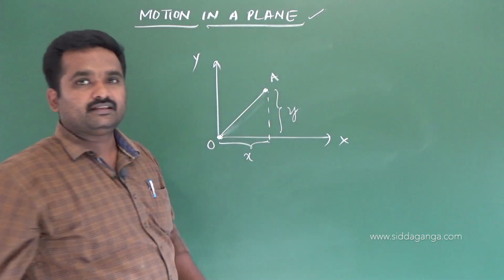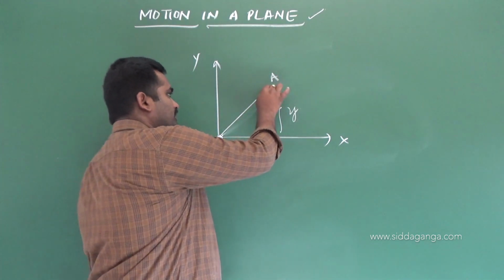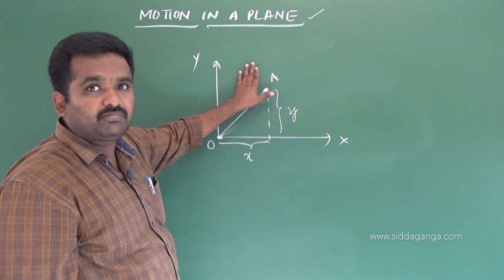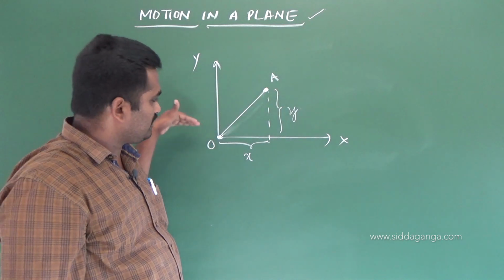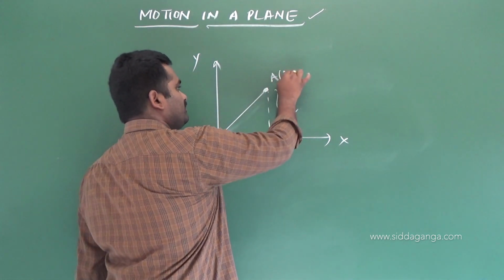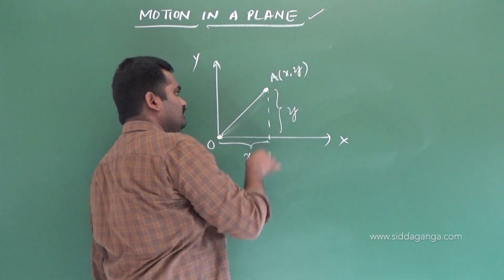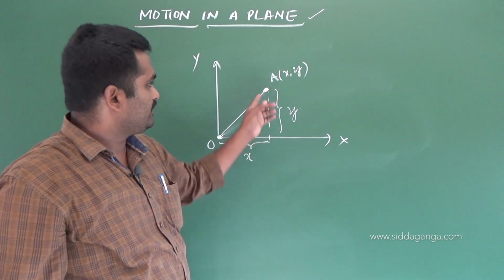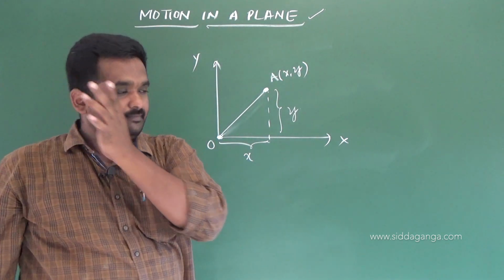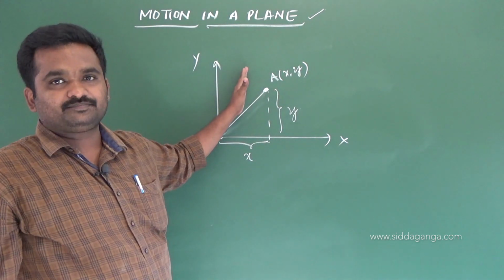Y. So now, if I want to study the motion of this particular ant in the XY plane, it is not moving in a straight line, it is moving in a plane. So how many coordinates do I require? Two coordinates are required in order to represent a point anywhere. If I want to study something about a plane, I do require two coordinates.